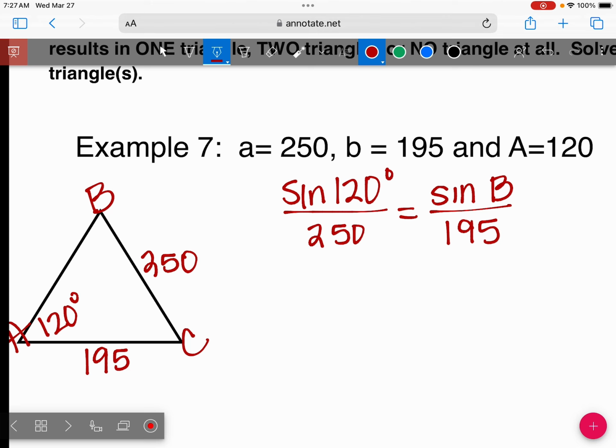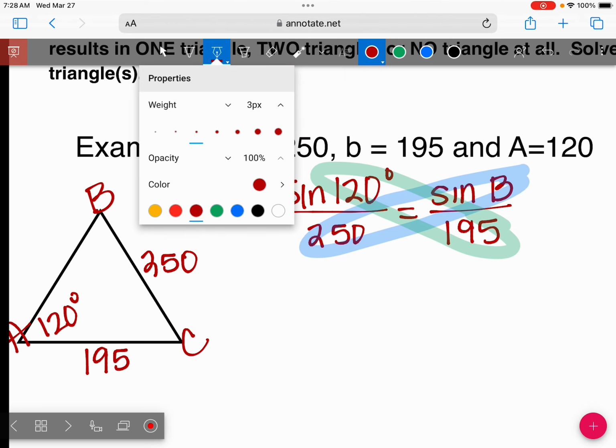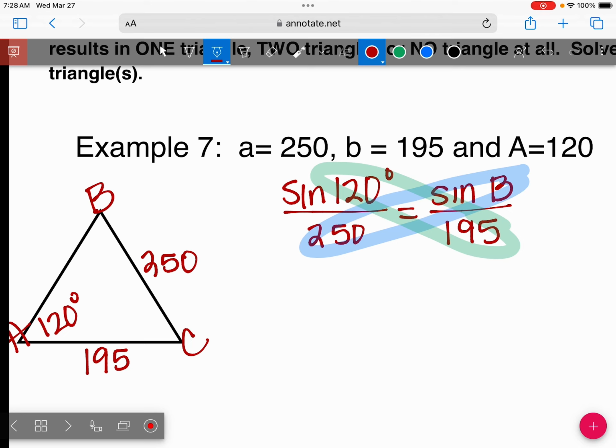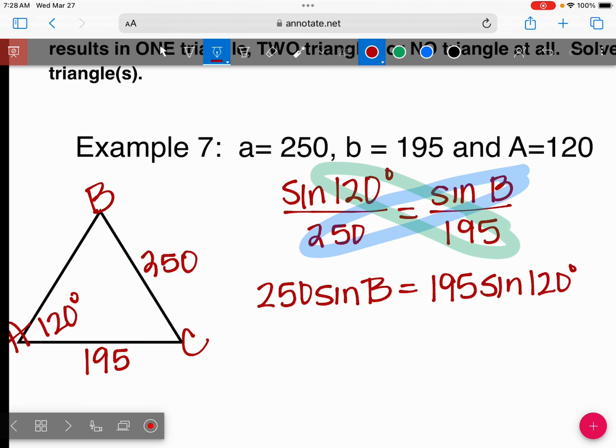Okay, here we go. So I'm going to cross multiply here. I'm multiplying these two, and I'm multiplying this direction. So that's going to give me 250 times the sine of angle B equals 195 times the sine of 120.